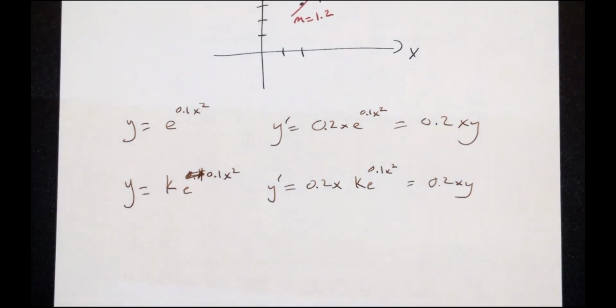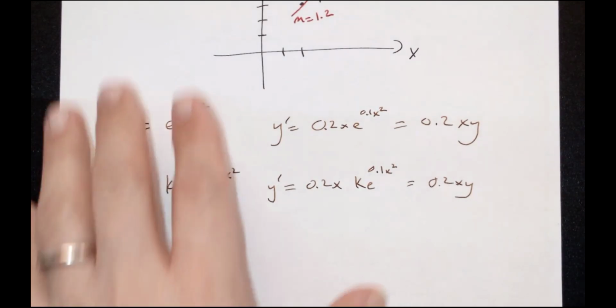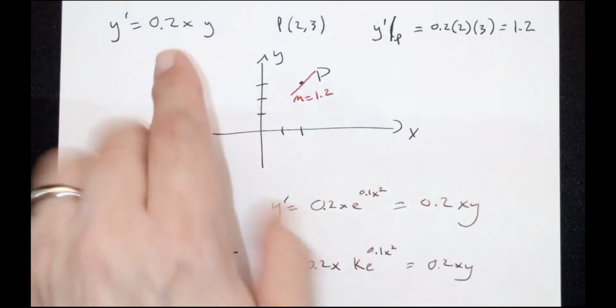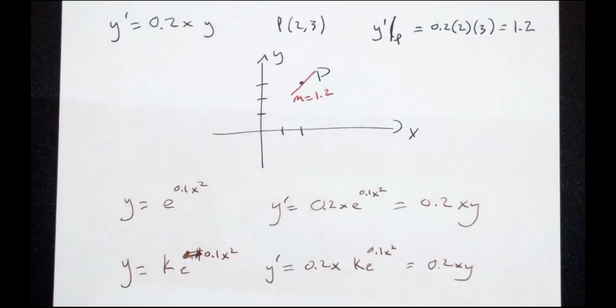Let's go back to last week, Wednesday. We have a function f of x, y up here. Where is that function continuous? 0.2 times x times y. Where is that continuous? Everywhere.